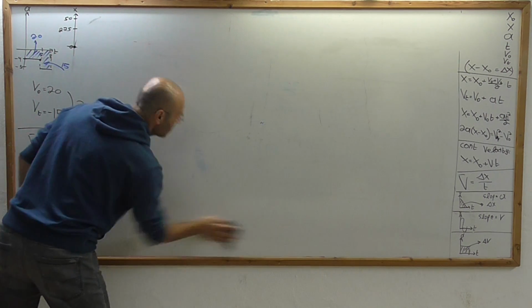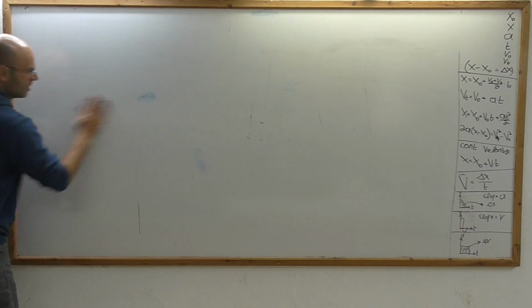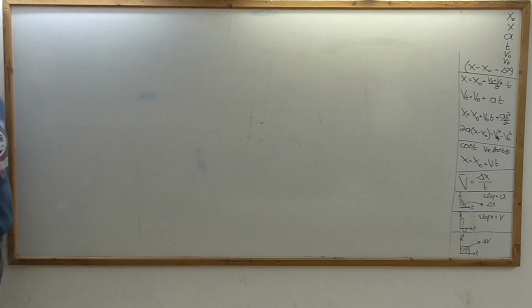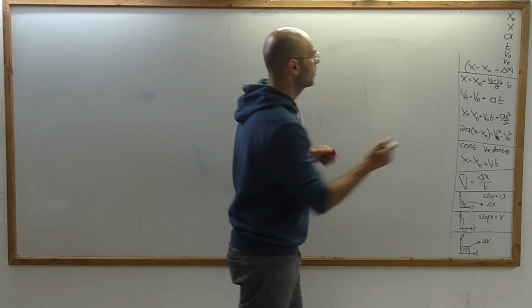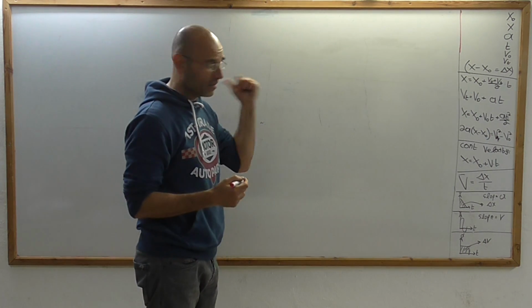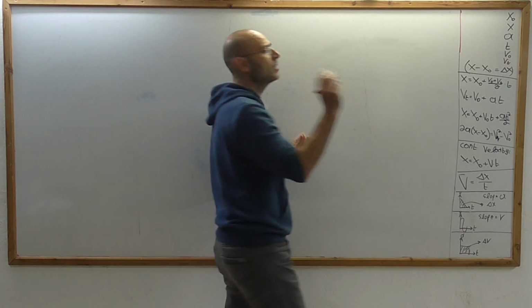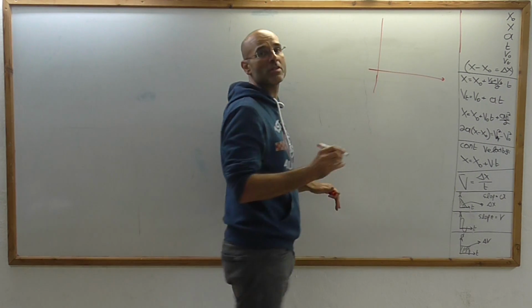Okay, now let's take an exercise. Instead of giving you the data like we did in the former exercises, I will give you a graph, and from the graph I want to understand everything.